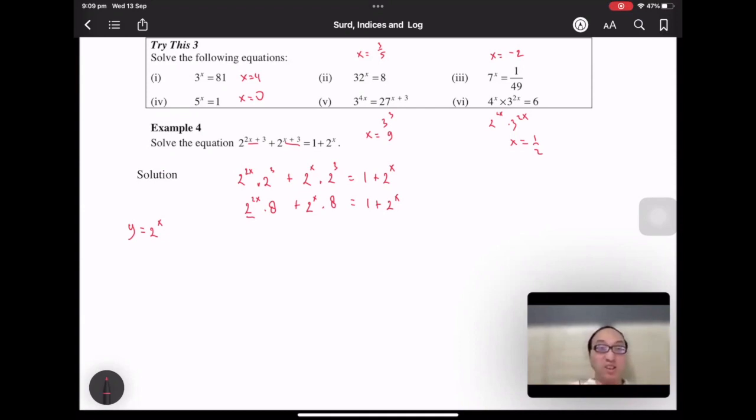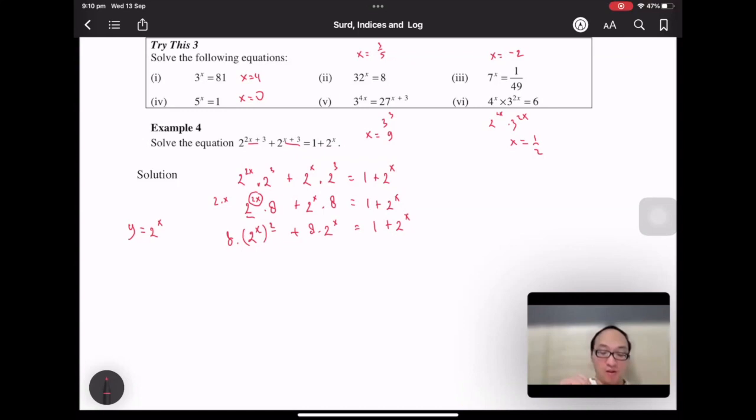So we can rearrange it to become 2 to the power of x, squared. 2 to the power of 2x means 2 times x, so I can swap the position, x times 2. So this is 8 times (2 to the power of x) squared plus 8 times 2 to the power of x equals 1 plus 2 to the power of x. And remember, we cannot multiply this into 16 to the power of x. We cannot do that, so don't do this.